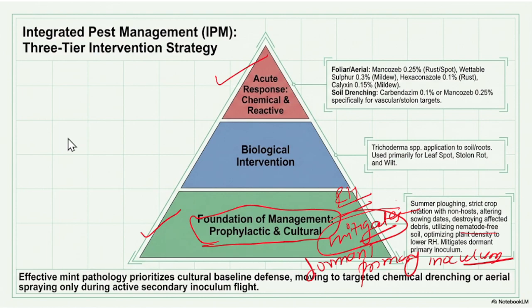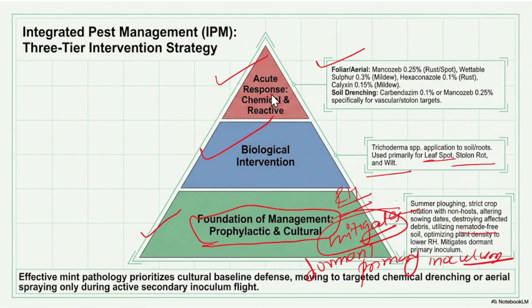Then you can use the biological intervention, that is Trichoderma species application in the soil or root zone area. It is used primarily for leaf spot, stolon rot and wilt diseases, which can be controlled by this Trichoderma.